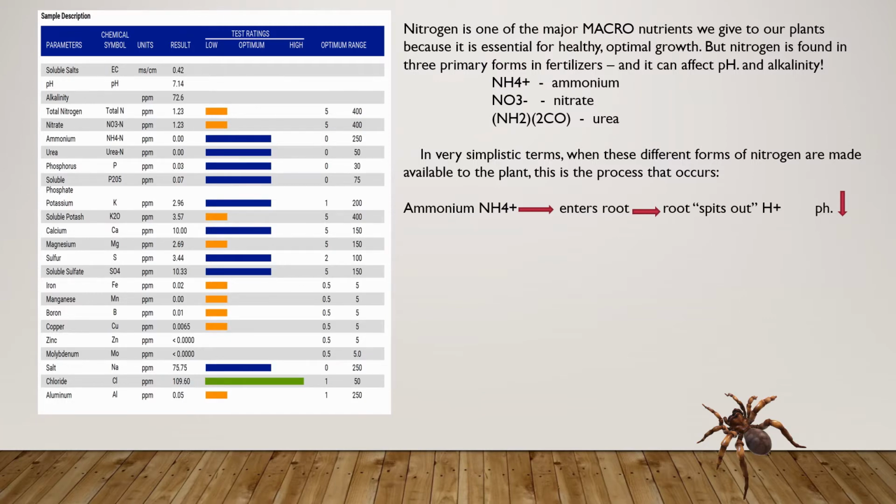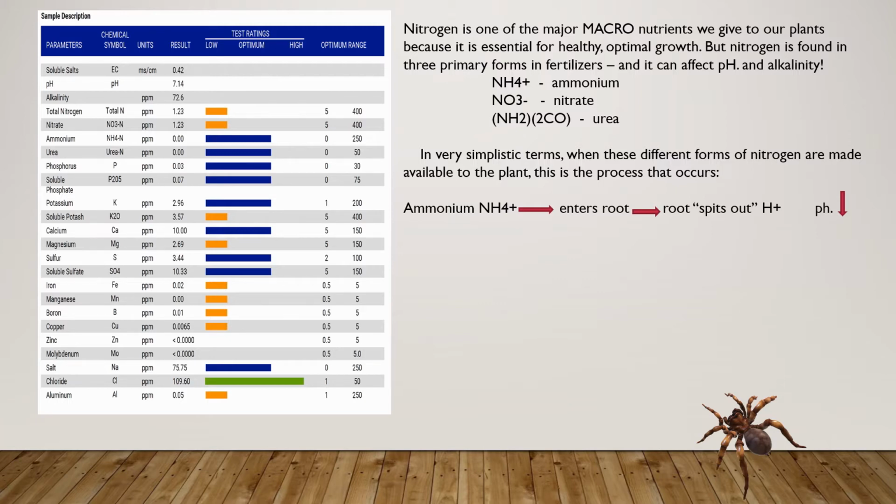If we remember from the last slide, as the hydrogen ions increase in solution, and that solution being outside of the plant roots and in the grow medium, those excess hydrogen ions will cause the pH outside of the roots to drop.